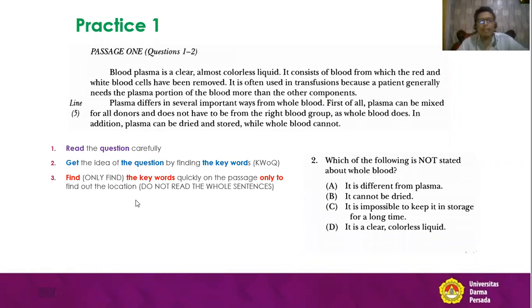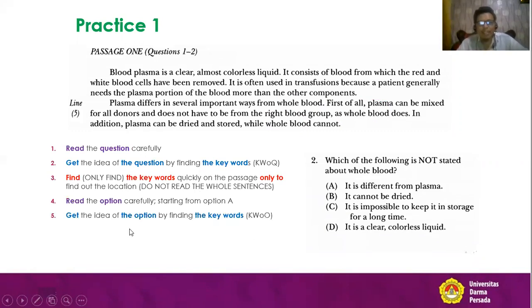Read the options carefully, starting from option A, after option A, option B, option C, and option D. What do you do in option A? Get the idea of the option, the keywords of option A. We have this one: different from plasma.